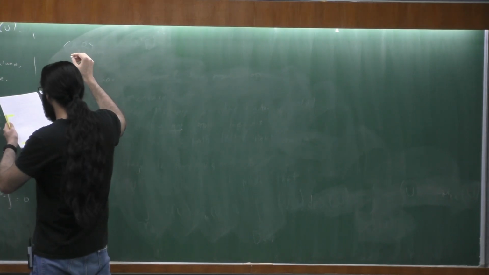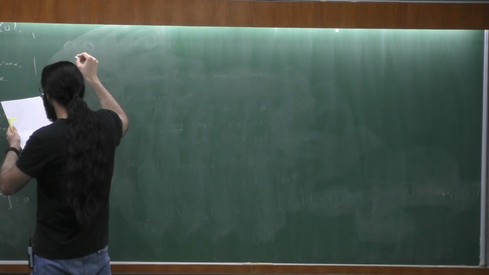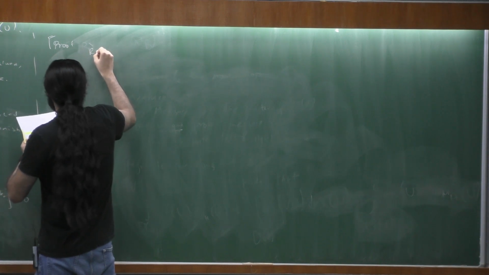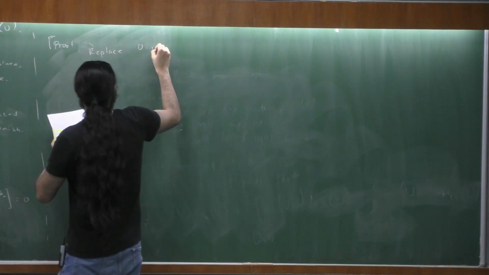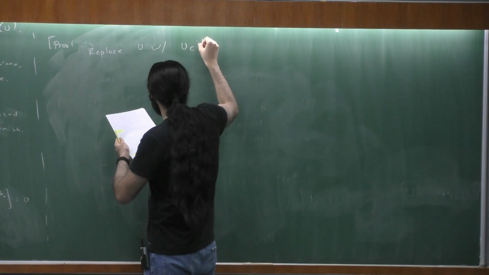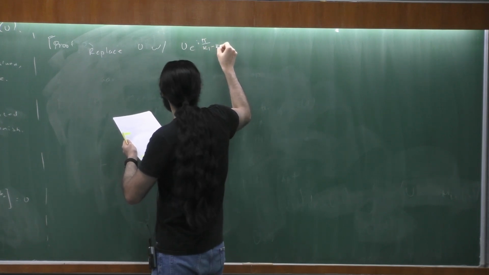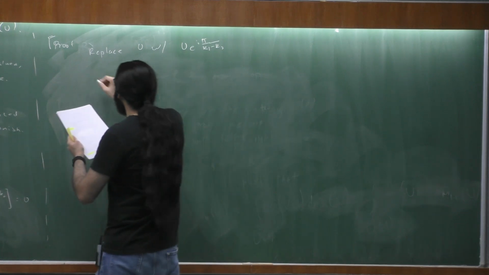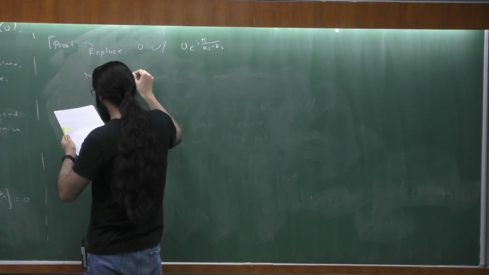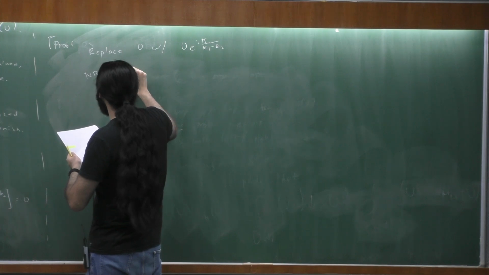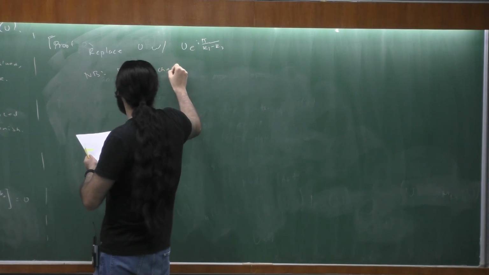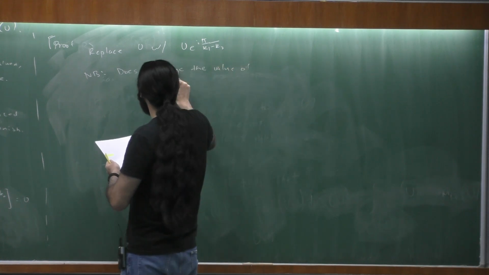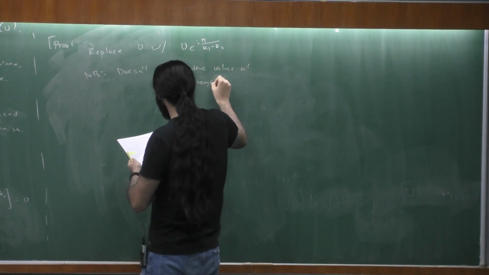So the proof is that you replace u with u e to the i pi (k1 minus k2), because you'll get multiplied. Of course this doesn't change the value of the integral, because of the left-right invariance.